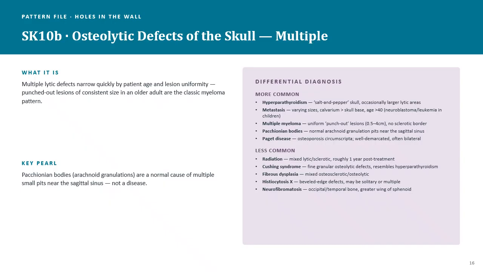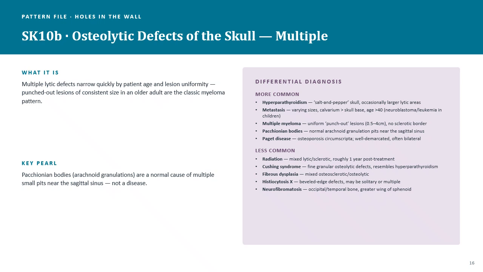So we looked at solitary osteolytic defects, so now we're looking at multiple osteolytic defects. So instead of just seeing one area of bone where it's lost, we're now seeing multiple dark areas or multiple holes throughout the patient's skull. So when they're looking at this imaging, the patient's age and the appearance of those areas is going to help the doctor or radiologist determine what the cause is.